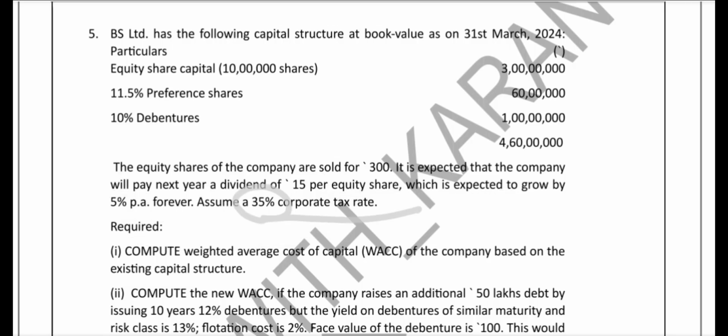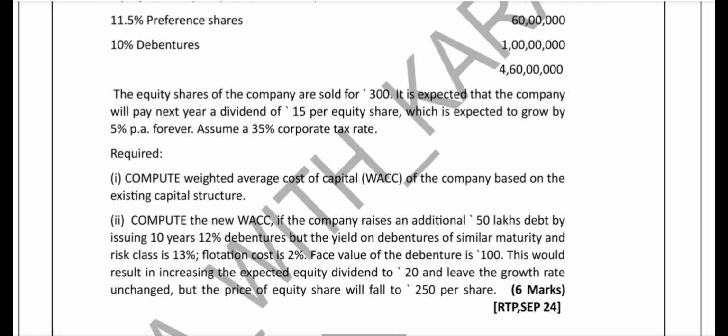Assume 35% is the corporate tax rate, and then compute the weighted average cost of capital of the company based on the existing capital structure. Then compute the new WACC if the company raises an additional 50 lakh debt by issuing 10 years 12% debentures, but the yield on debentures of similar maturity and risk class is 13%. So yeah, we are issuing at 12%, but for similar debentures it is a 13% interest rate.